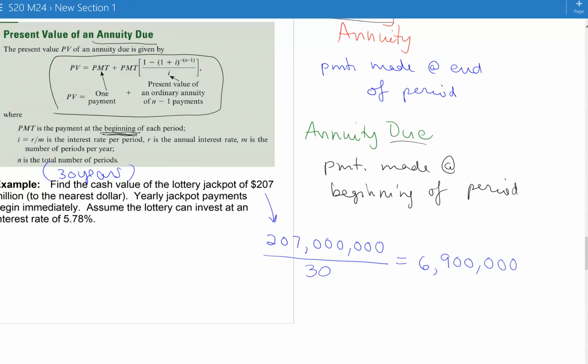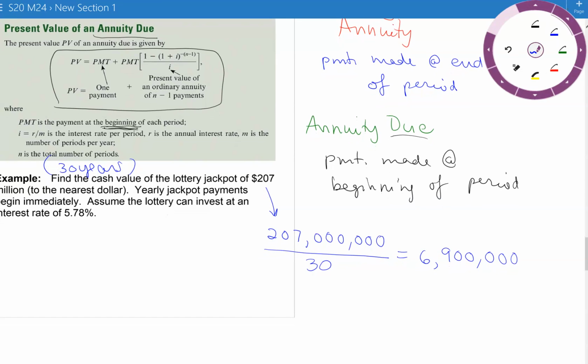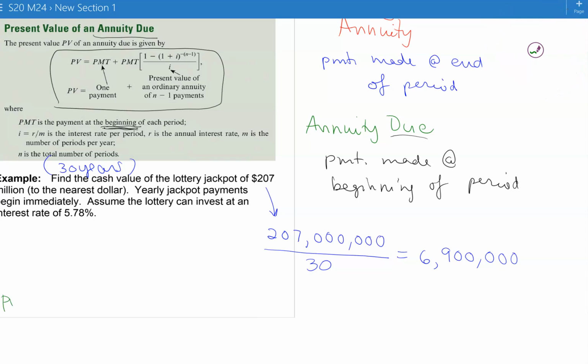So let's figure that out using this formula, where we have what would the present value be of 6,900,000 plus 6,900,000 times 1 minus 1 plus interest rate of 0.0578.